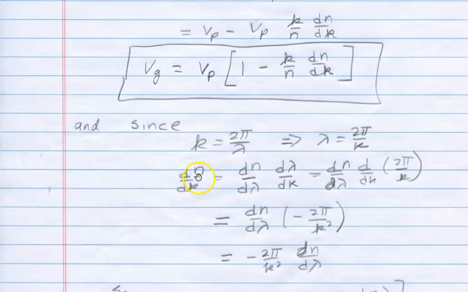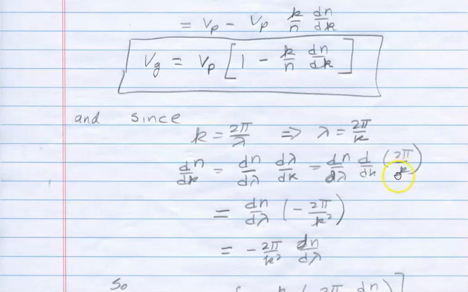It's going to be the change of n with lambda, d lambda dk, but lambda is 2 pi over k, and if I take the derivative of 2 pi over k, that gets me a minus 2 pi over k squared, and rearranging one gets this, and then plug that in up here.